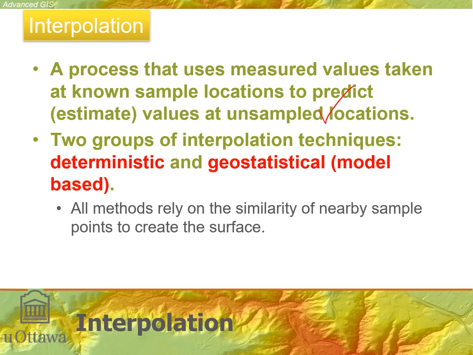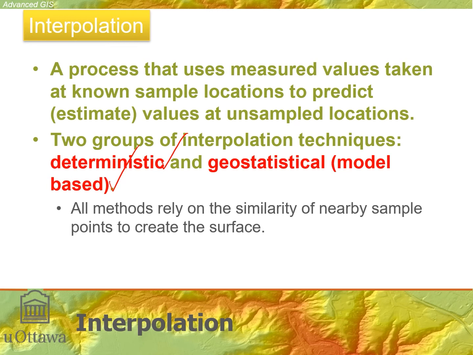So that means locations at which no measurements were taken. And we do that at small increments all over space in a particular study region so that we can get a continuous variable representation. And there are two ways in which we can do that type of interpolation. One way is deterministic, and the second way is geostatistical or stochastic methods.